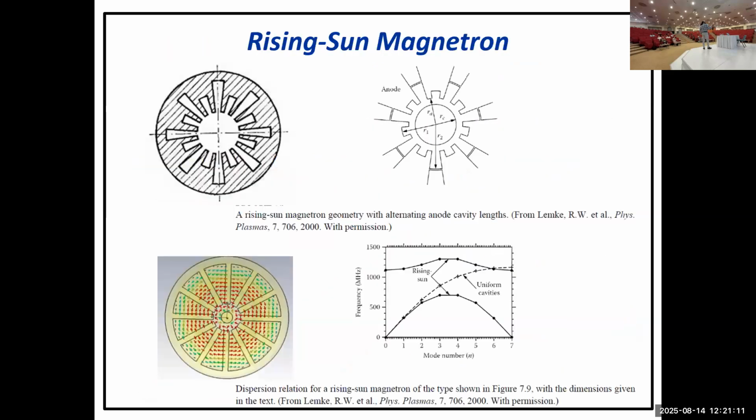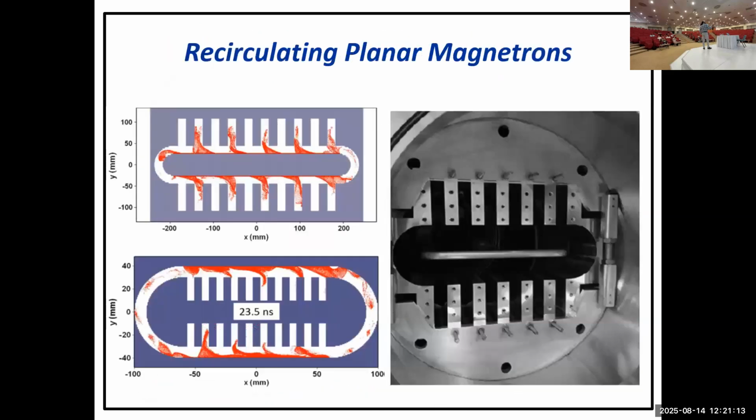Last device I want to show you is the recirculating planar magnetron. Have you guys seen this before? I don't think anyone has. This is from University of Michigan. They came up with this type of magnetron. It's kind of planar, and this is the inverted version.